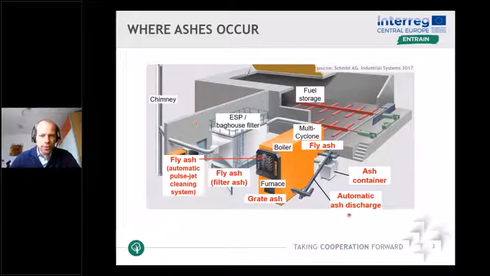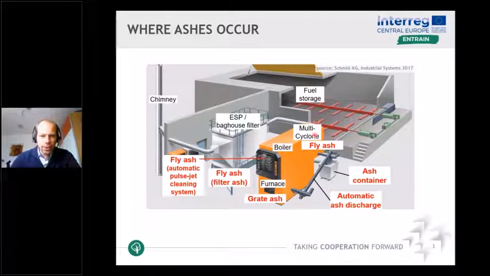So where do the ashes occur then? Mainly the biggest fraction, as Harald Thorwarth already said, below the grate. So grate ash is an important topic. Then within the boiler, you can see here an automatic pulse jet cleaning system for periodic cleaning of the heat exchanger tubes. There we have fly ash.